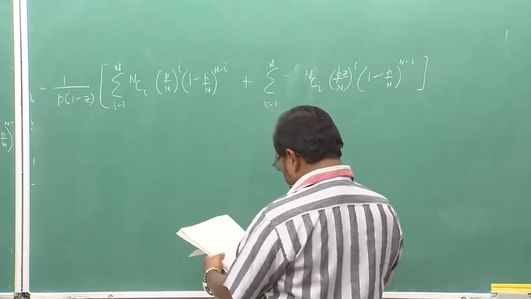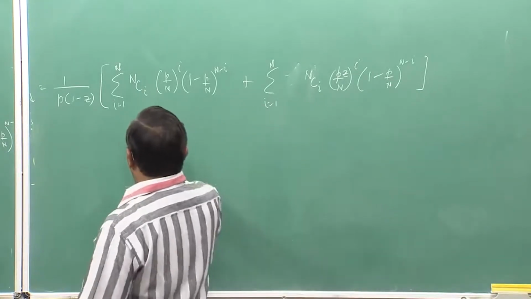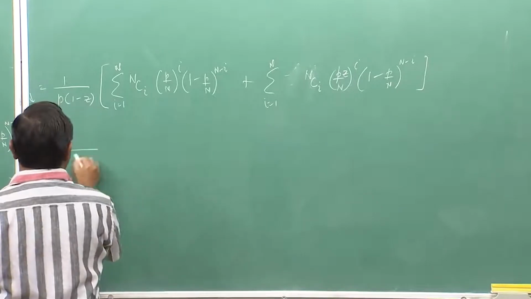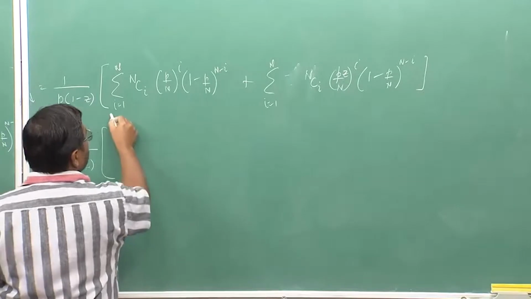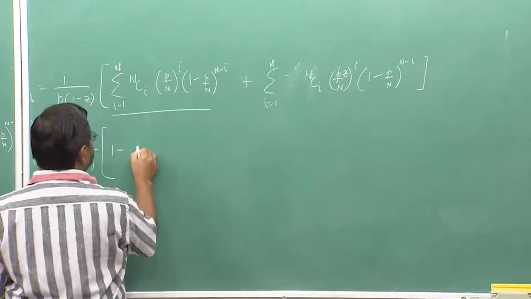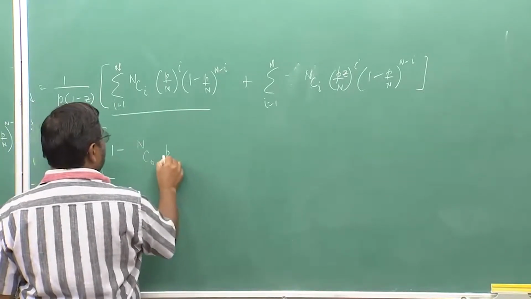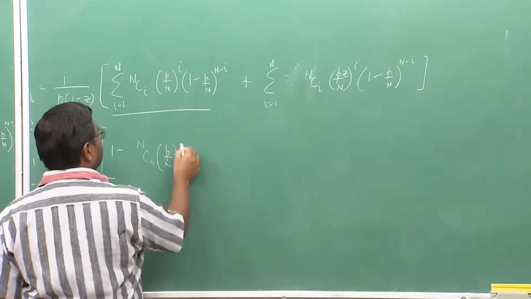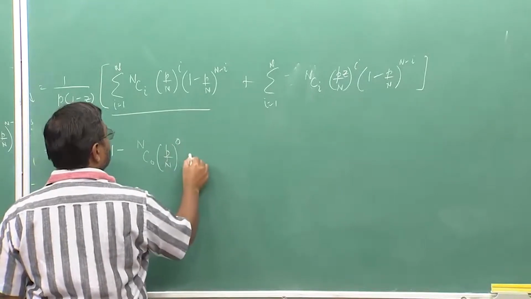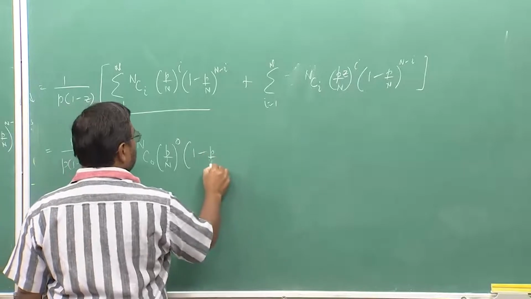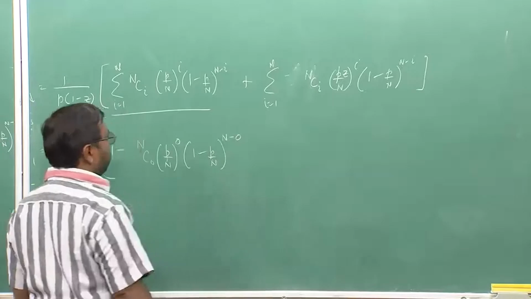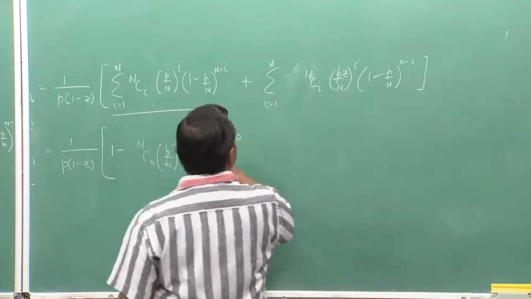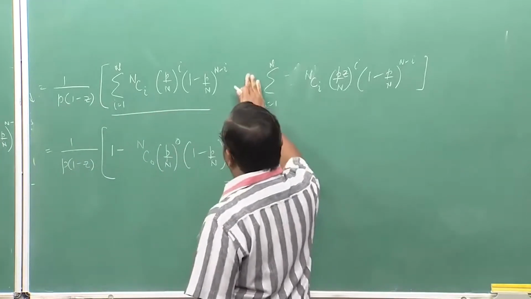So this one is nothing but 1 minus NC0. Yeah, I made a mistake, there should be a minus here.